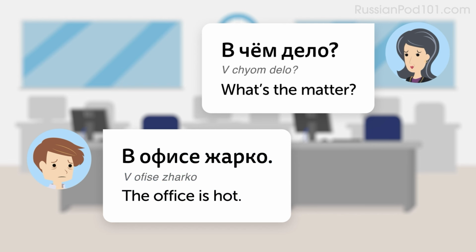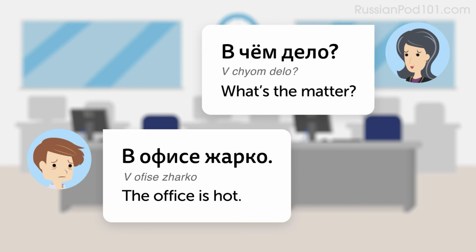First of all, you'll need to learn how to say, what's the matter? That's, В чем дело? Listen to it again. В чем дело? Now, how do you answer this question?